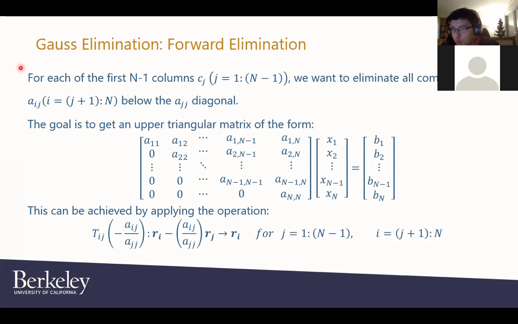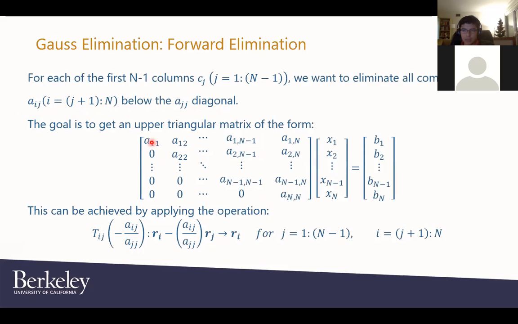So to do that, for each of the first n-1 columns, so remember that this is an n by n, so for all the columns before the last one, we're calling them Cj, we want to eliminate all the components Aij below the Ajj diagonal, where i equals j plus 1 through n.